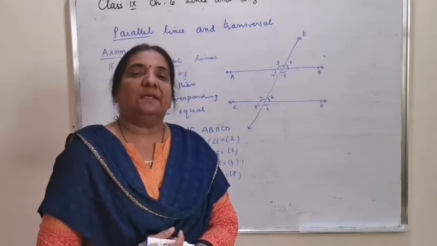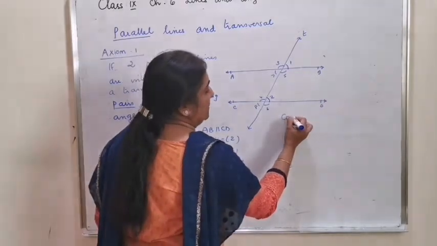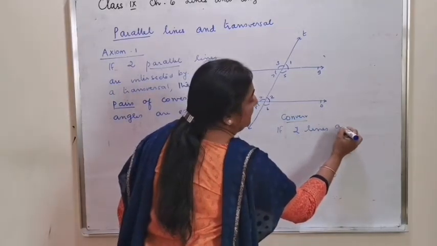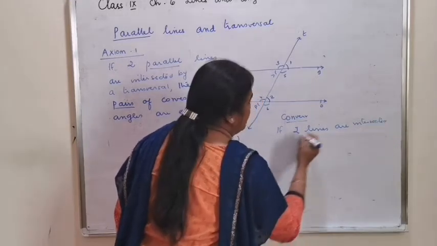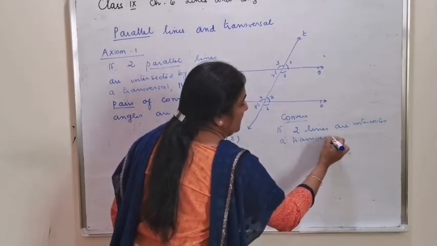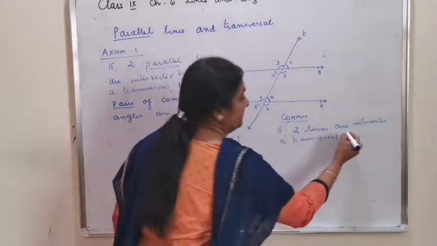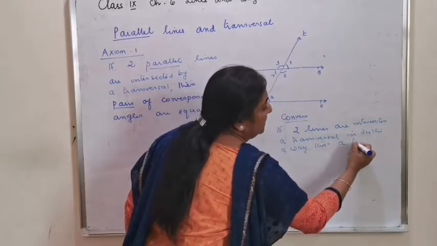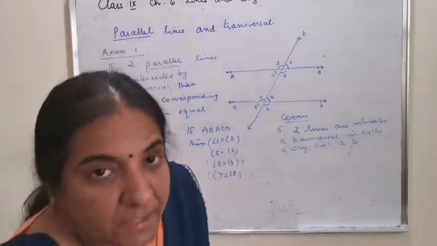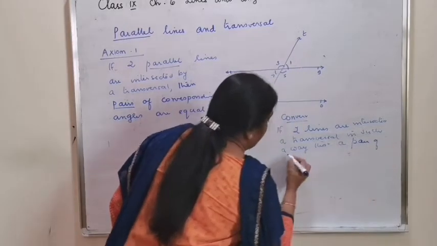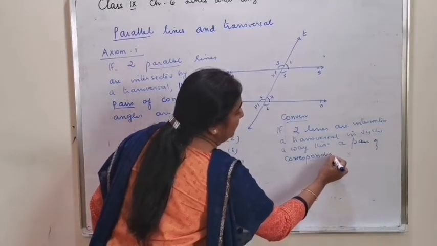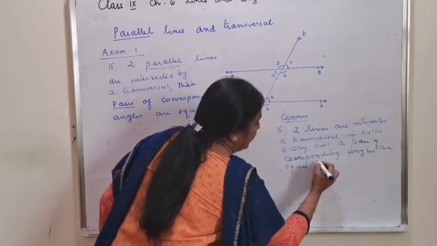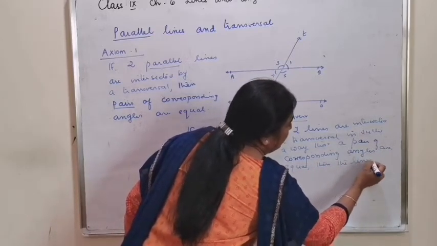And now the converse of this axiom is: if two lines are intersected by a transversal in such a way that a pair of corresponding angles are equal, then the lines are parallel.